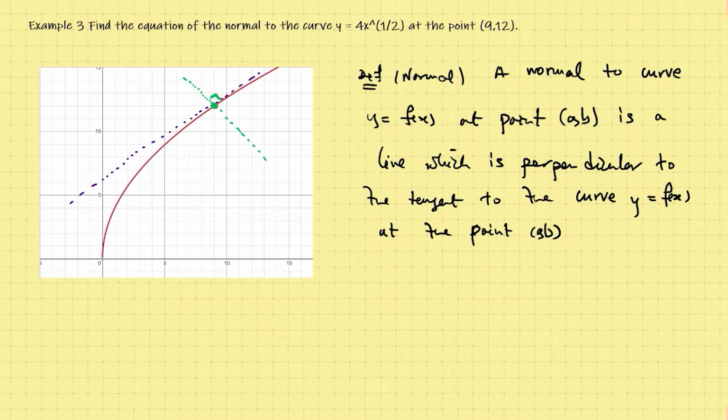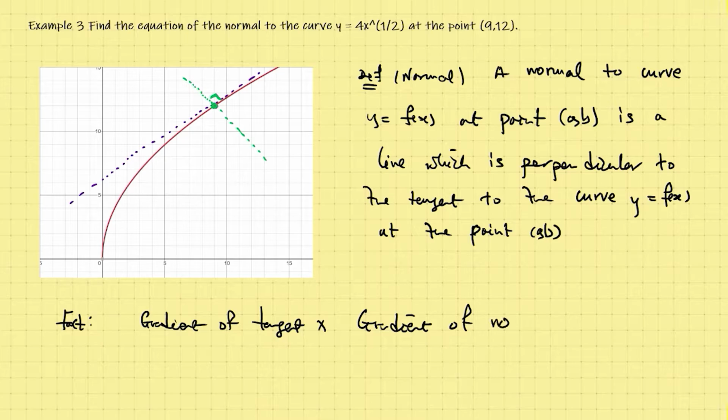How do we go about calculating a normal? Well, there's a bit of theory in the theory of differentiation which tells us the fact that the gradient of the tangent times the gradient of the normal is equal to minus 1.